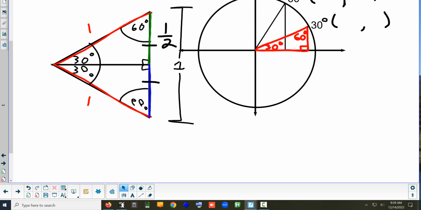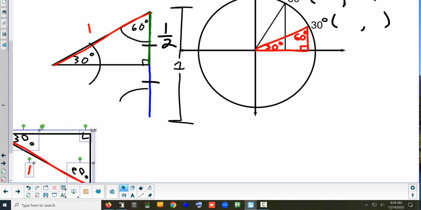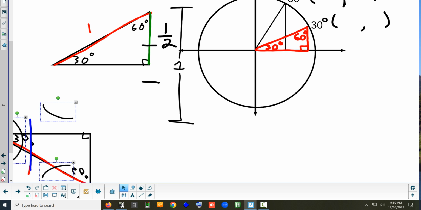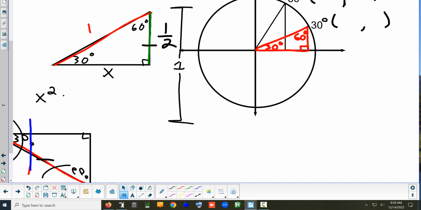Now, we don't need the bottom one anymore, so I can just move it out of the way and just focus on the top one. Okay, so let's call the bottom side x. And now let's do our Pythagorean theorem. So x squared plus a half squared equals 1 squared.